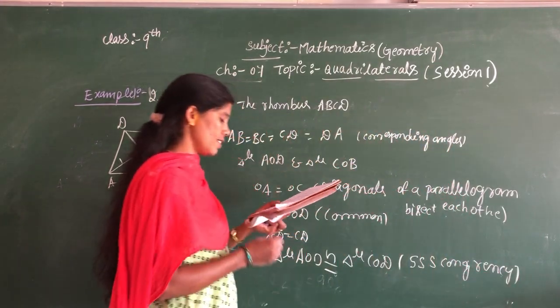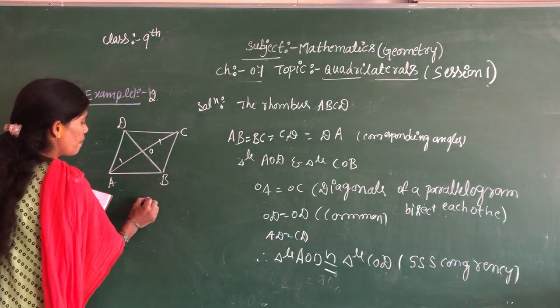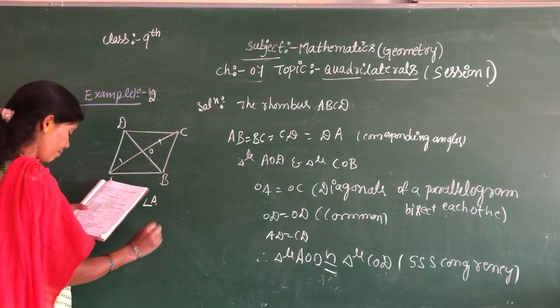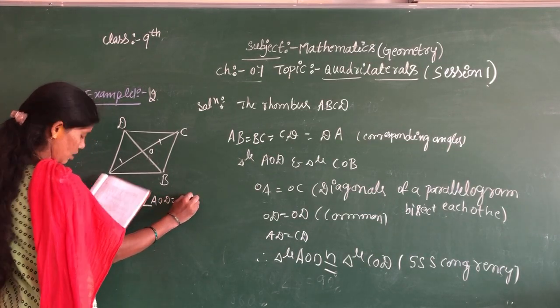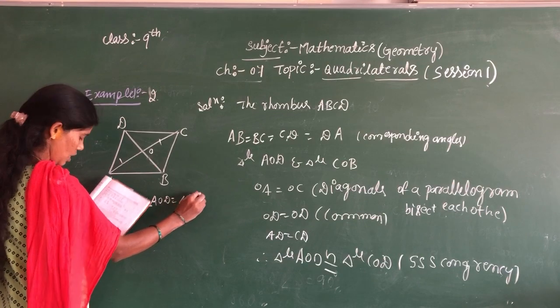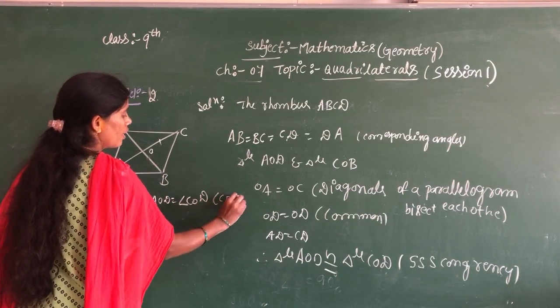Now next we should compare the angles. Angle AOD is equal to angle COD, because they are corresponding parts of congruent triangles.